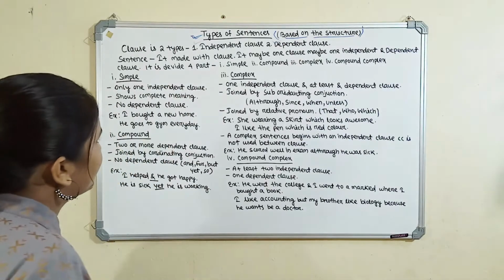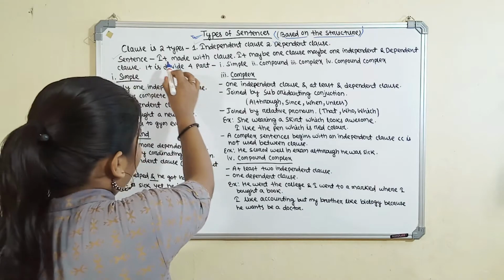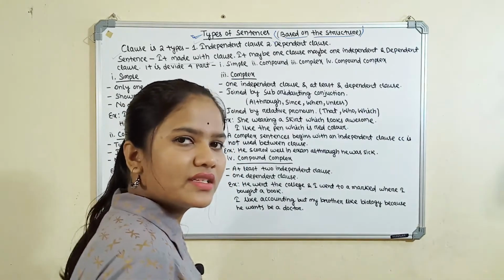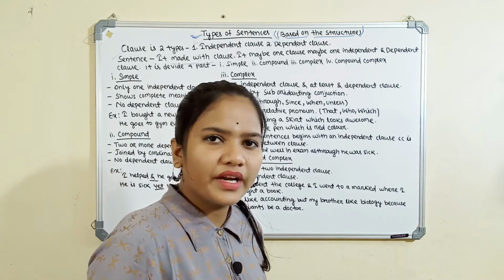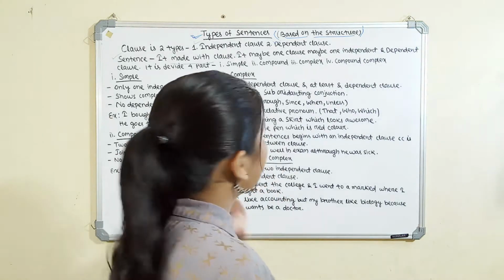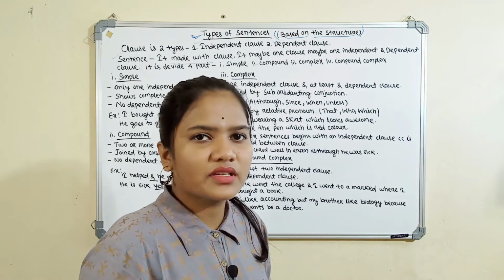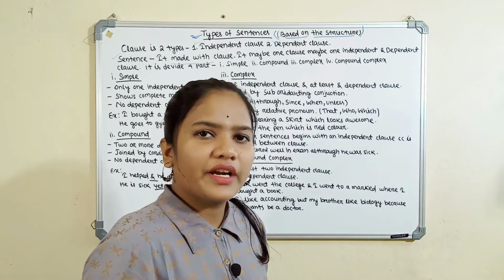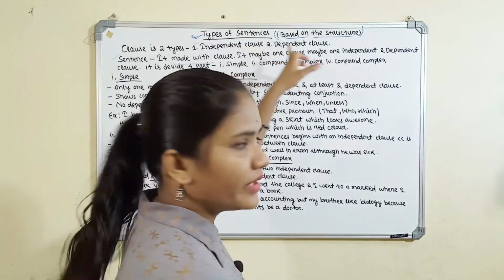A sentence is always made with clauses. A clause is a subject and verb arrangement. As I taught you, a sentence is a combination of words put together that shows some meaning, but a clause is a subject-verb arrangement that gives complete meaning. Any sentence is made up of clauses, and clauses are of 2 types, independent and dependent.